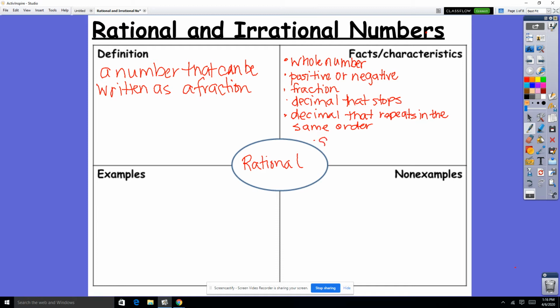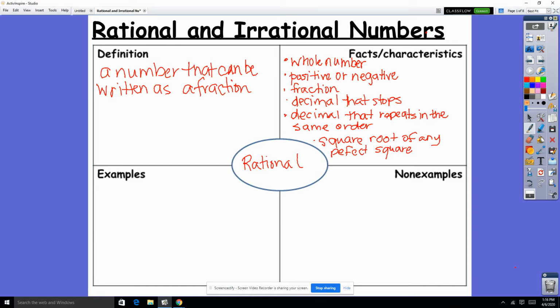So the square root of any perfect square. Perfect squares are numbers that, when you multiply them by themselves, give you that number.